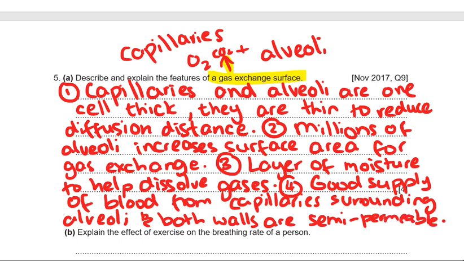And both of those walls are semi-permeable. So that is your 4 main points.